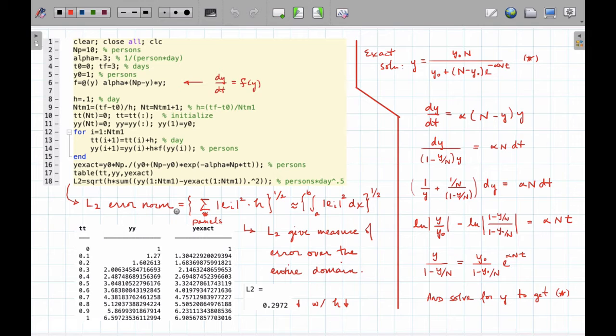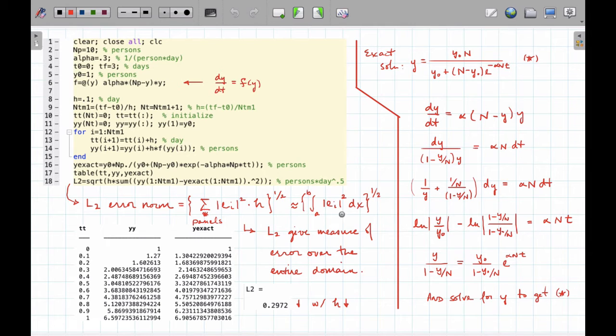The L2 error norm is really the traditional error norm used by most computational scientists. And the way that we do that is we're basically computing the square root of the integral under the curve of the error squared.